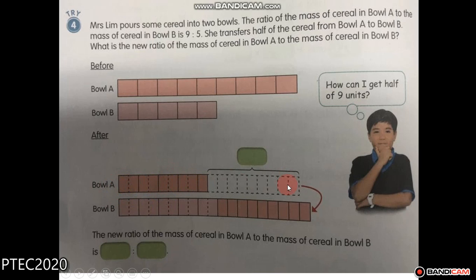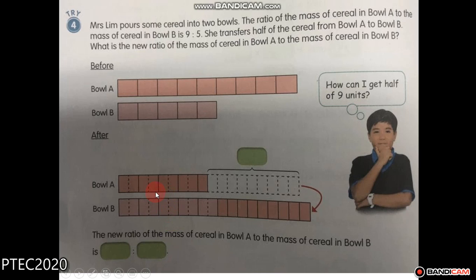So totally, bowl A has 18 units and bowl B has 10 units. And then you transfer half of bowl A. So what is half of 18? Totally we have 18, right? So half of 18 means 9. So I transfer 9 from bowl A to bowl B.